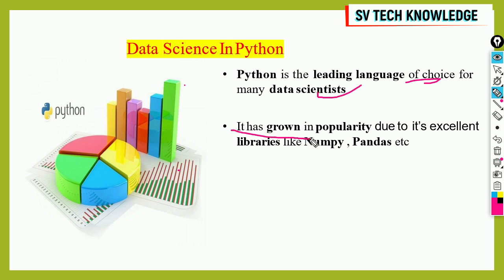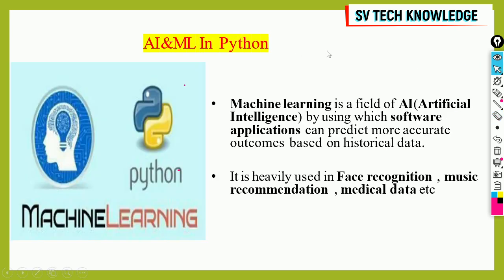It has grown in popularity due to its excellent libraries like NumPy and Pandas. These are the two libraries which are used in the field of data science. What are the two libraries? NumPy and Pandas.